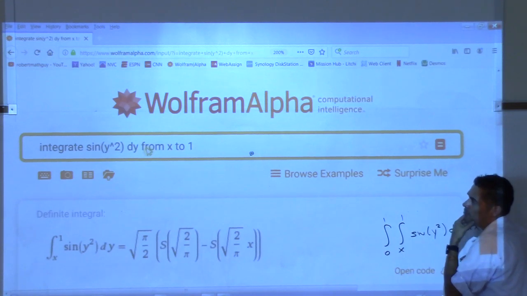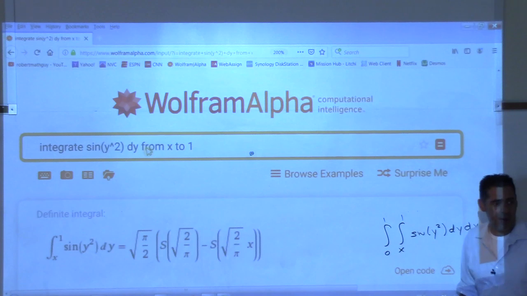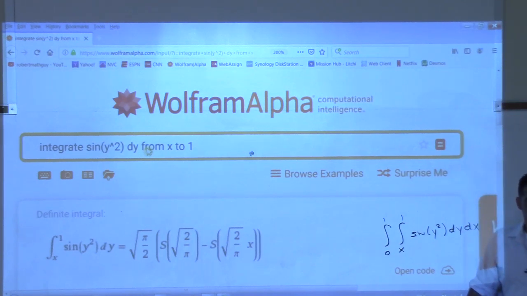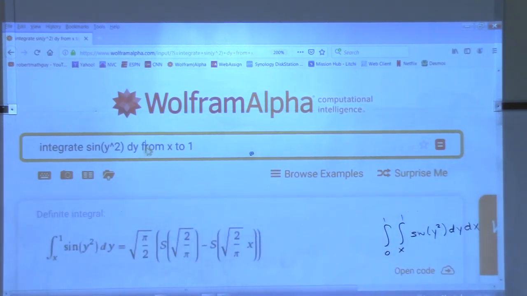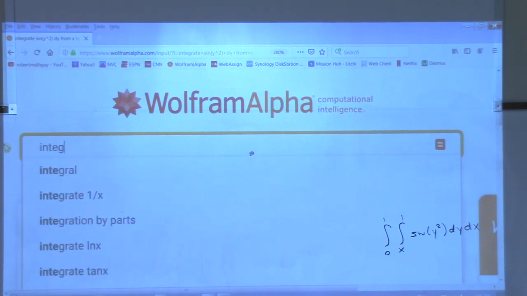So I guess my best way to make you understand this is, remember in Cal 2 you had power series, right? A power series allows you to integrate things that you can't normally do. One of the classic examples is to integrate e raised to the x squared.